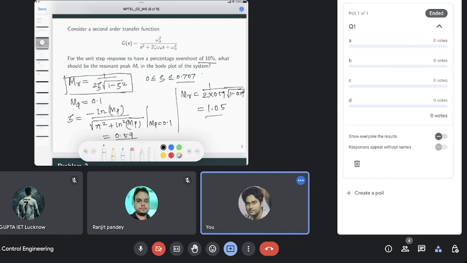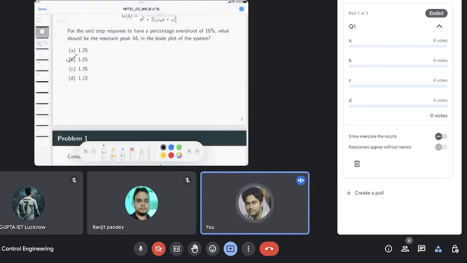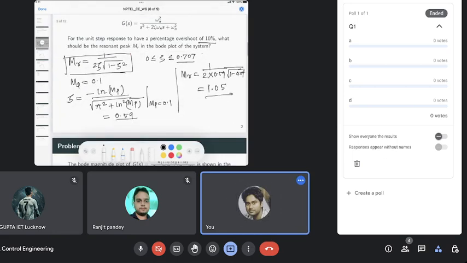This is the correct answer. Again, this question is very simple. Because you are given the percentage overshoot, from that you find the damping factor zeta. You remember this formula from the time domain, the time response.